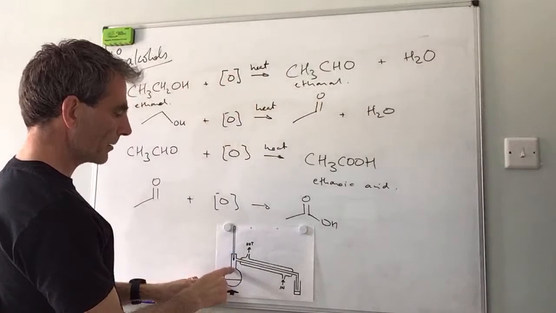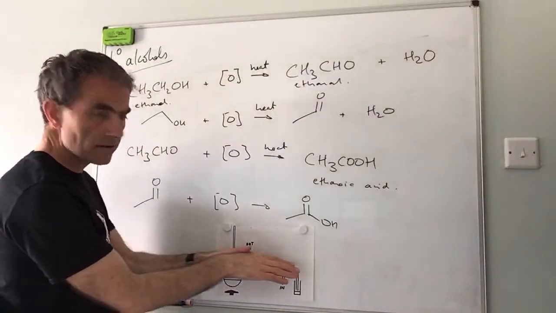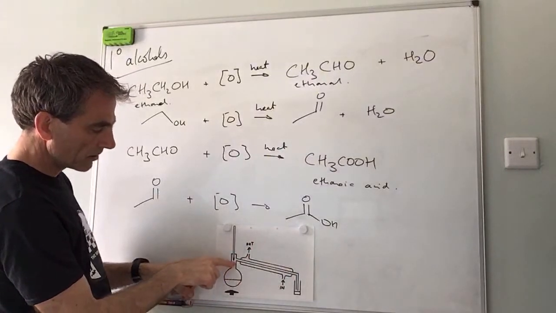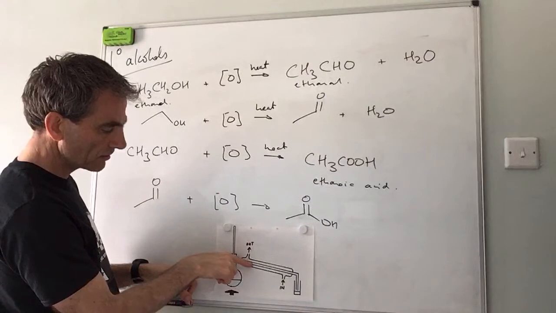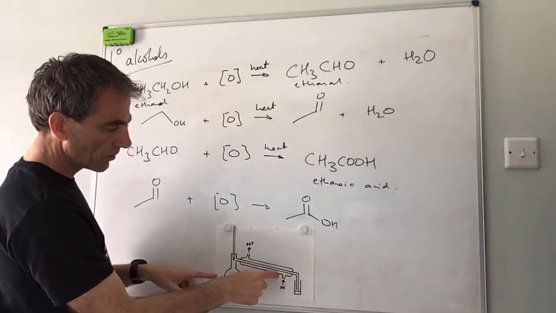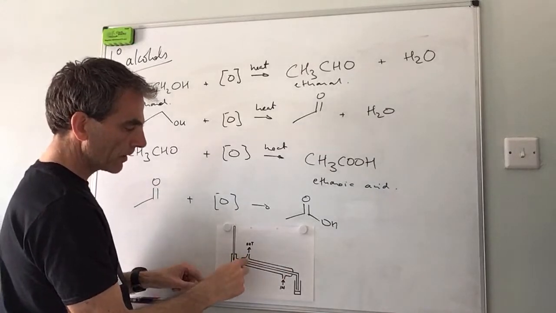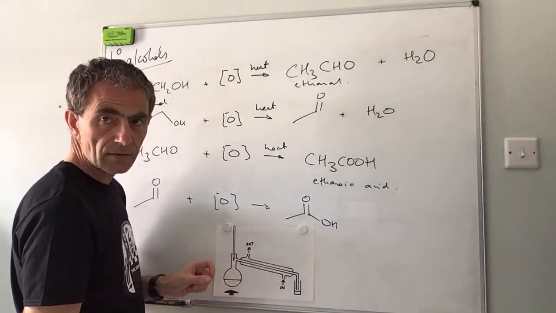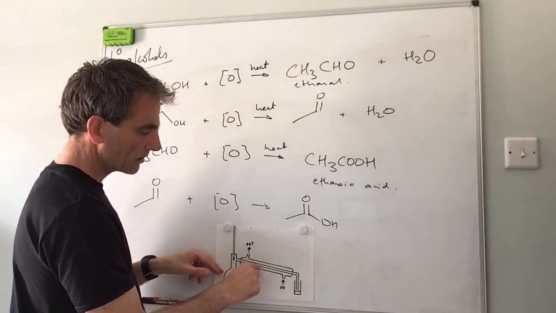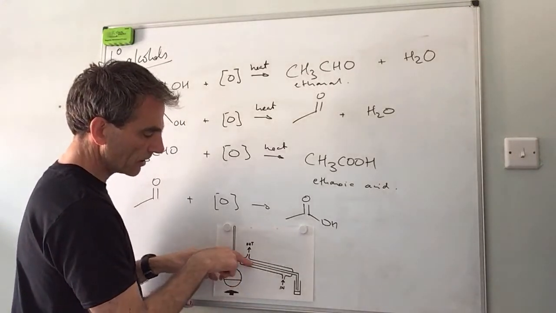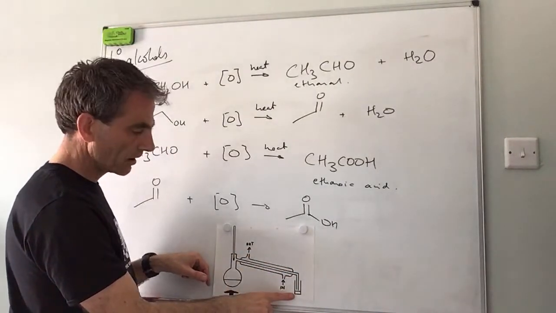So the aldehyde vapor travels up here, and you can see the way the condenser's set, the vapor can travel down this central tube of the condenser, and because you've got cold water running around the outside of the condenser, it'll cool the vapor back down, condense it back into a liquid, and so the aldehyde is going to liquefy and run down under gravity, and it'll fall into that beaker there, that collection vessel.